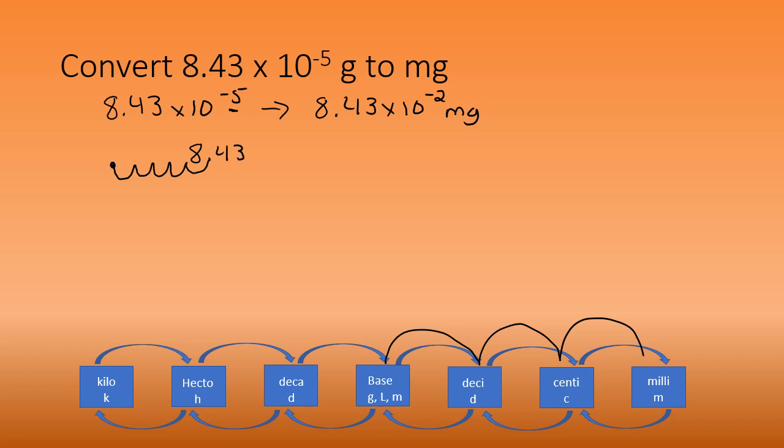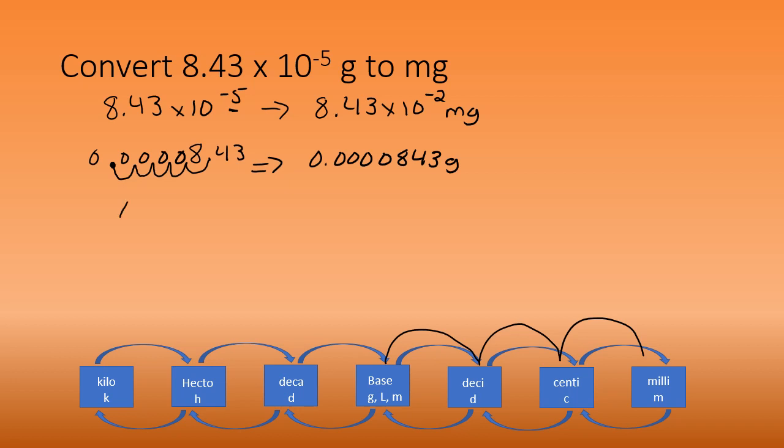Replace our decimal, write 1 in front, and then fill in the empty spaces with zeros. So 8.43 times 10 to the negative 5th grams becomes 0.0000843 grams. And we're going to take that number and then convert it into milligrams.